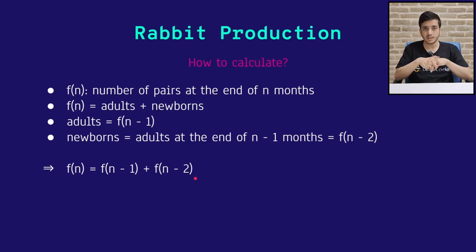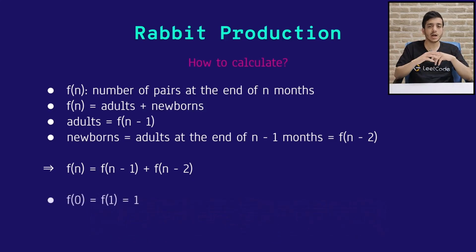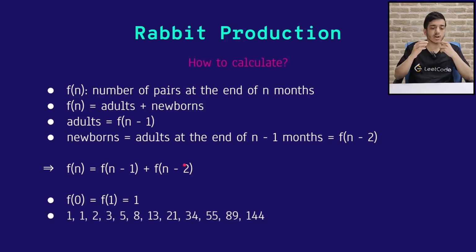So that is the popular Fibonacci sequence. And the base cases are F0 and F1, which are 1, and you can go from that like 1, 1, 2, 3, 5, 8, 13, 21, and so on. And finally, after 12 months, just 1 year, you will have 144 pairs of rabbits.